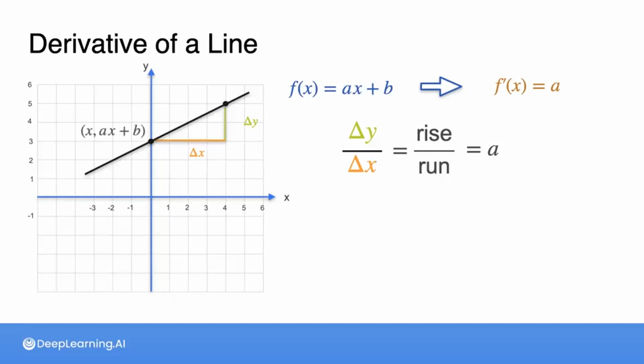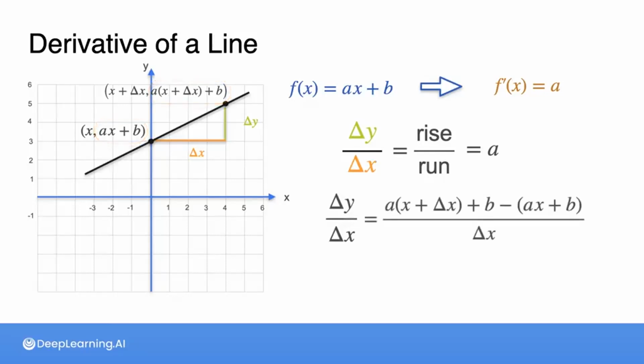This point has coordinates x, ax plus b. And this point has coordinates x plus delta x, a times x plus delta x, plus b. Therefore, when we take the slope, it's delta y over delta x, and that's the difference between this number and this number, the delta y. So that's a times x plus delta x plus b minus ax plus b.